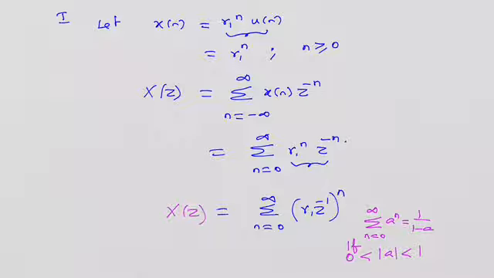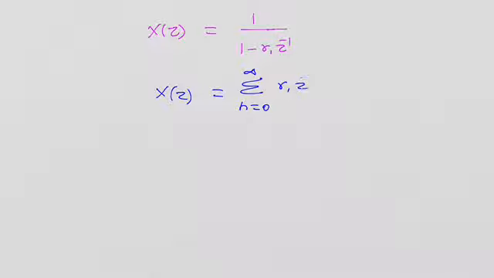So using that, I am trying to expand this x of z. What would be the expected answer? X of z will be written as x of z is equal to 1 divided by 1 minus r1 z power minus 1. Correct? You can recall what was the original x of z: summation n varies from 0 to infinity, r1 z power minus 1 whole power n, a power n.